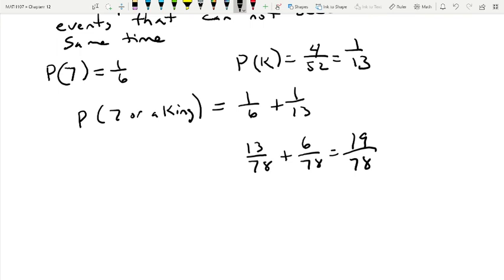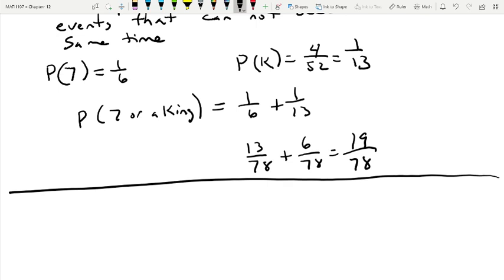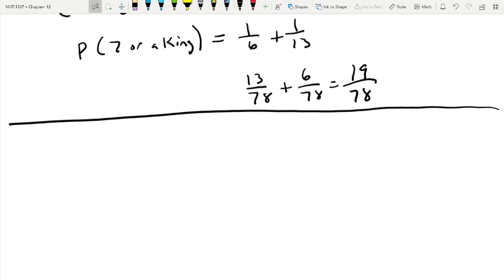So, that was mutually exclusive events, but what about events that are not mutually exclusive? So let's look at that. So not mutually exclusive now.